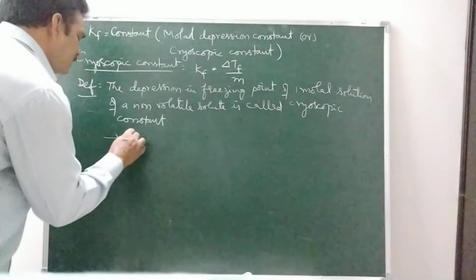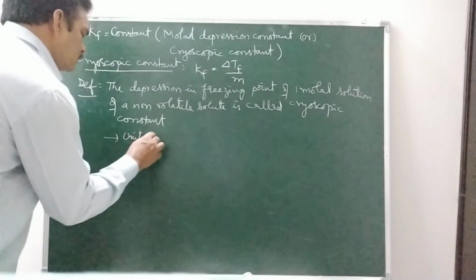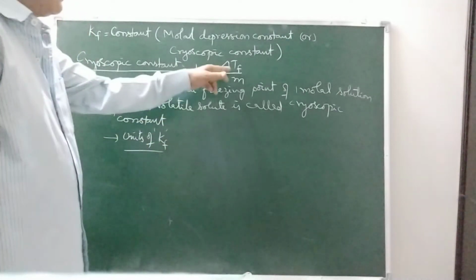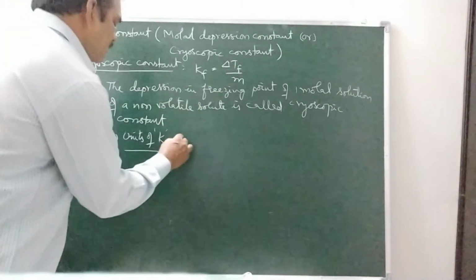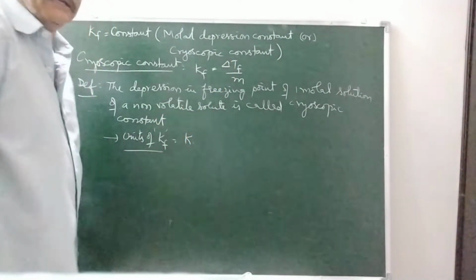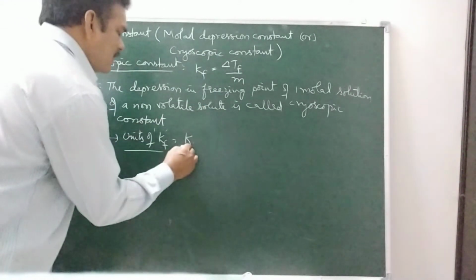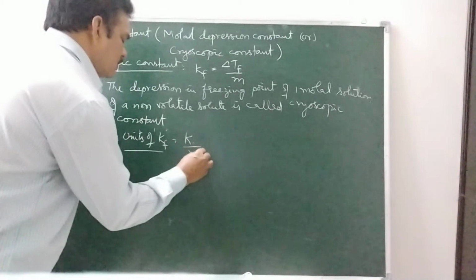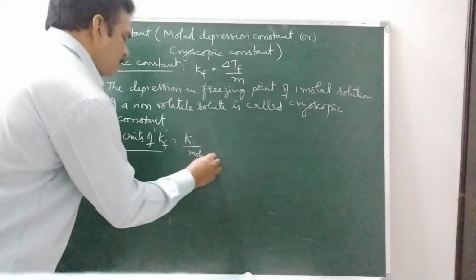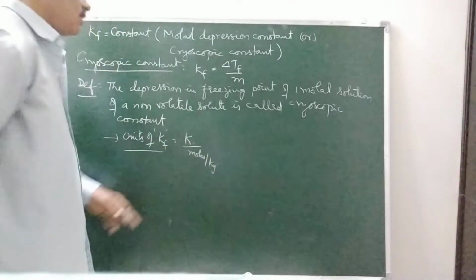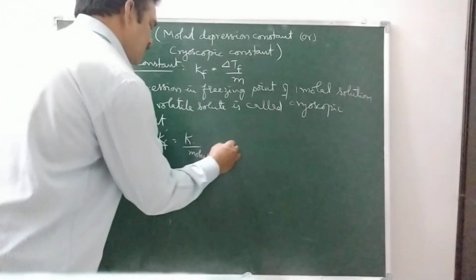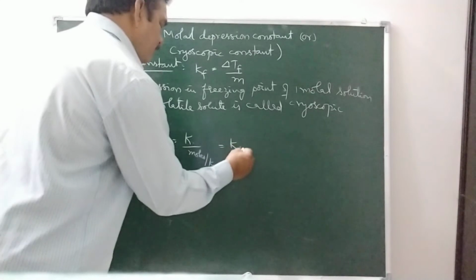Similarly, what are the units of Kf? Here delta Tf will be in Kelvin, and molality is the number of moles per kg of solvent.